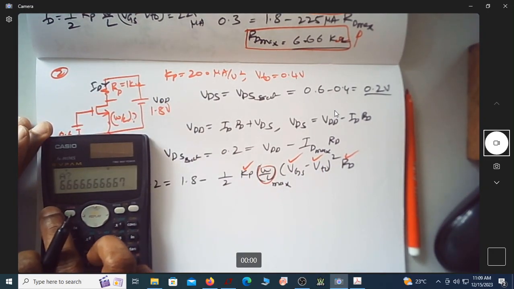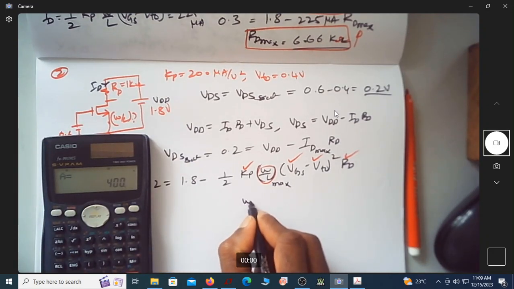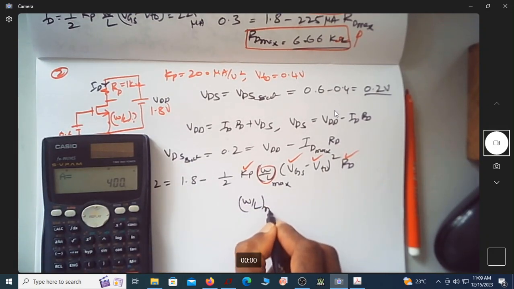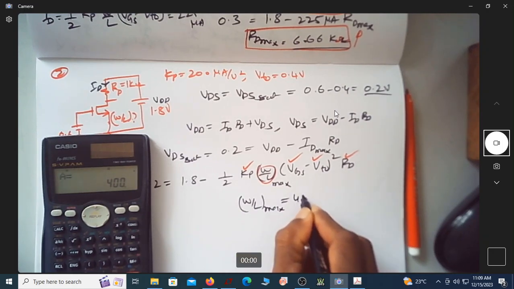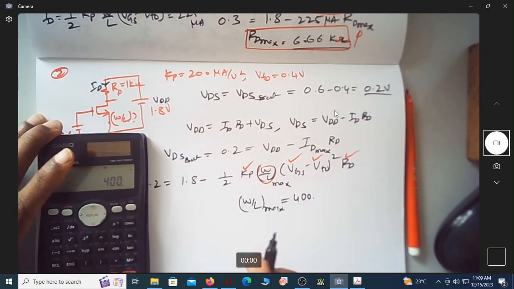Now shift calc. I can see W by L max is coming out to be 400. If W by L is 400, then the MOSFET is at the verge of saturation.